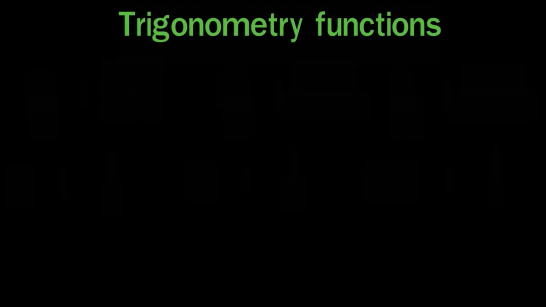So let's start off with what is the common trigonometry functions. So the most common ones are tangent theta, cosine theta, and sine theta. So how do we remember what is the value of a tangent theta?